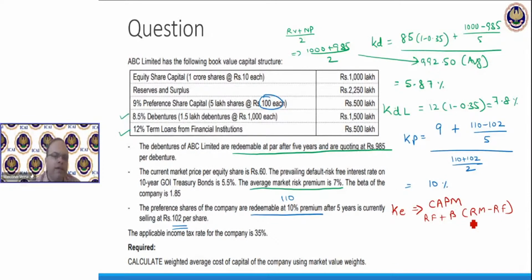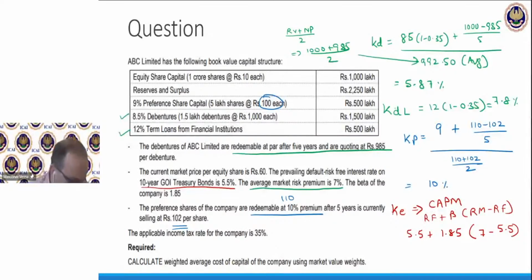It says RF plus beta into RM minus RF. My question to everyone is, RF is given, 10-year GOI bonds at 5.5. Beta is given, 1.85. For the average market risk premium, should I do 7 minus 5.5? Should I do this? Should I calculate like this, or is there a problem in this approach?